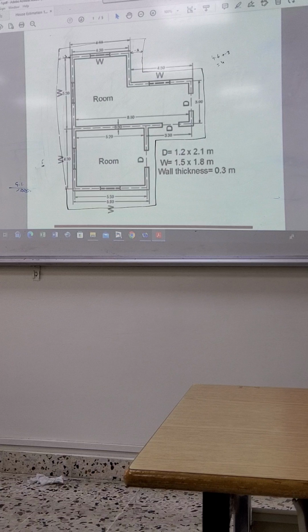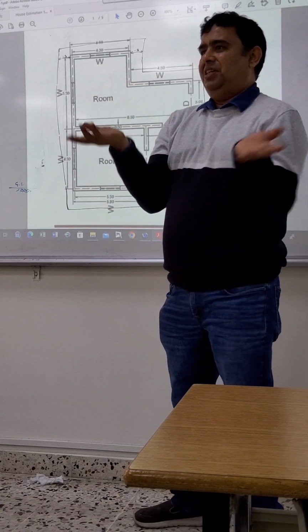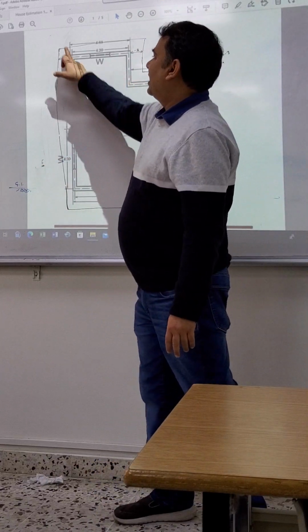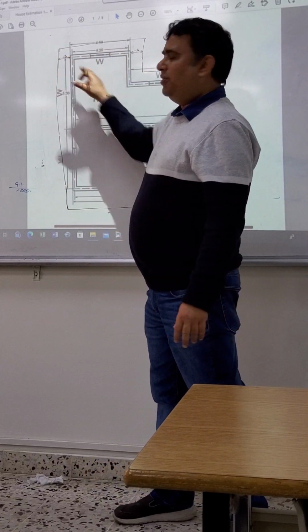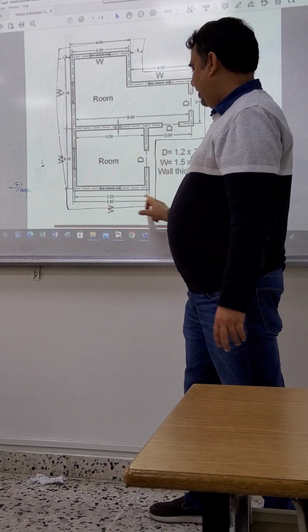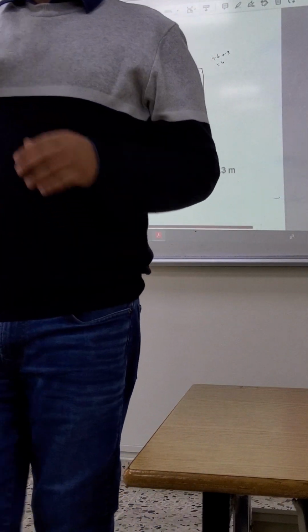It is easy, because if you convert one by one, this room with this room, it will be confusion. What you will do, you will draw a line here, calculate the area of this, then calculate the area of this room, then calculate the area of this room, then add it, and then multiply by the thickness.